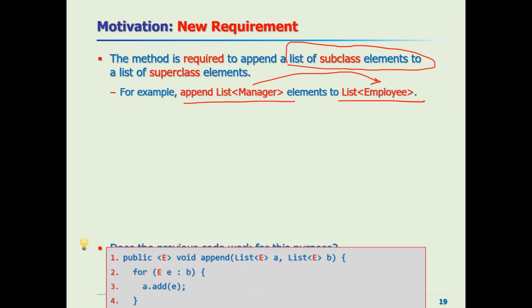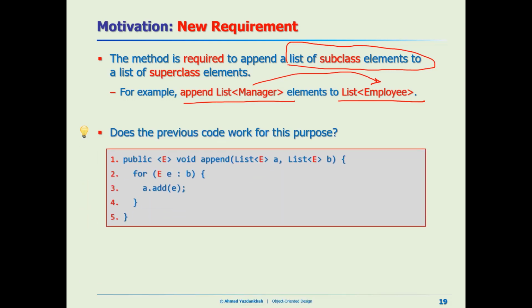So the first question is whether the method we have seen in the previous slide can be reused for this purpose as well. Remember, both of these lists, list A and list B, have the same type. Probably most of you would say no. Why?